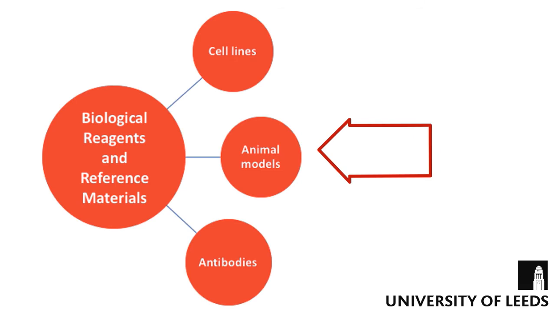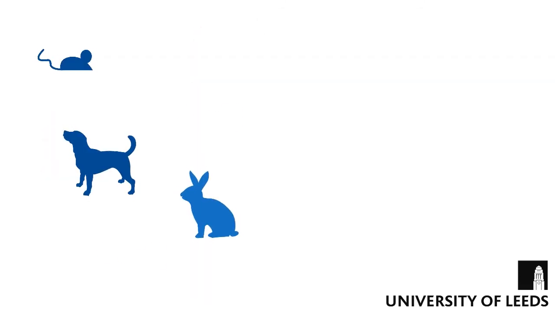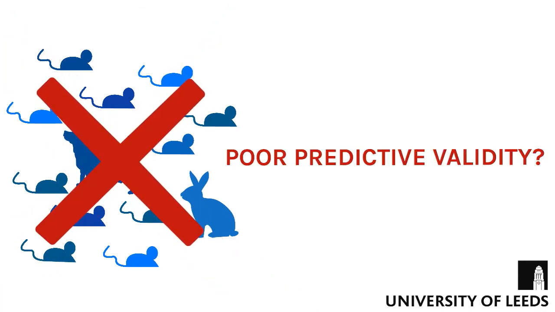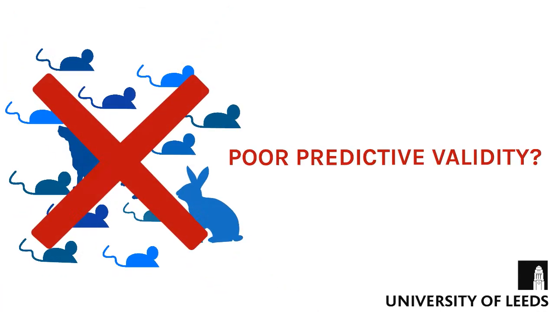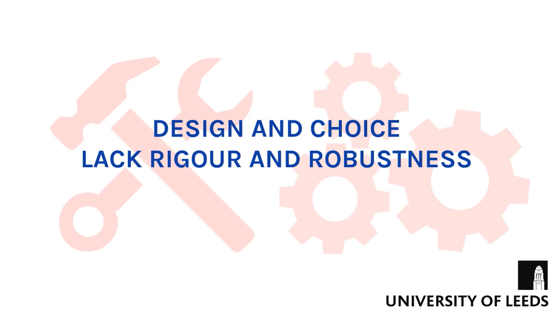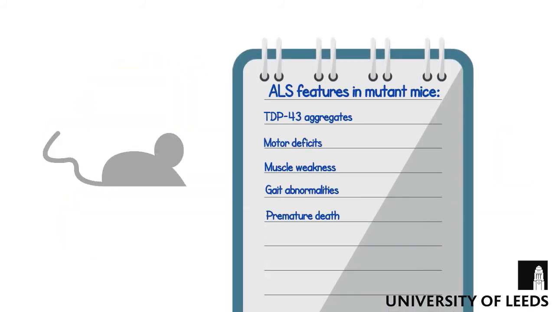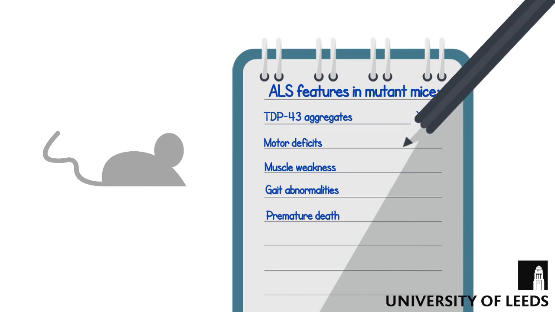Now looking at animal models. These are often argued to be poor predictors of human disease and their therapeutics. However, often the design and choice of animal model lacks scientific rigour and robustness, which contributes to the high failure rate. In a 2009 study, a mouse model was reported to display the key motor symptoms of ALS.